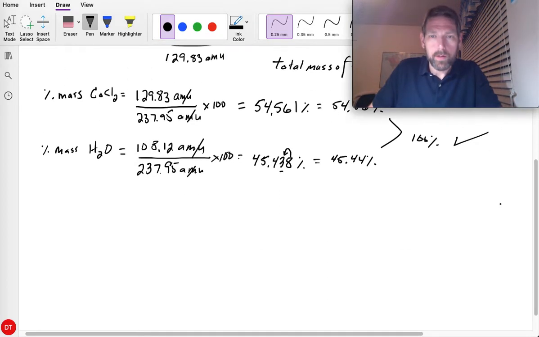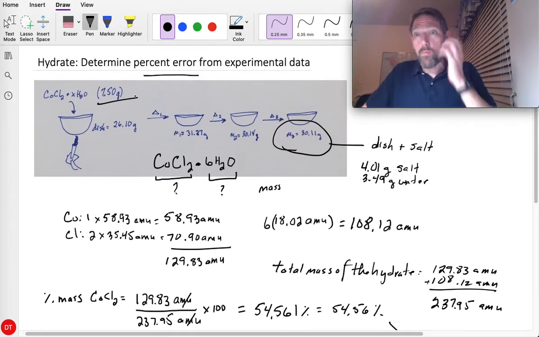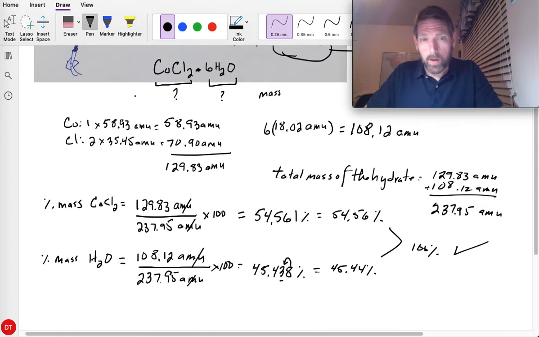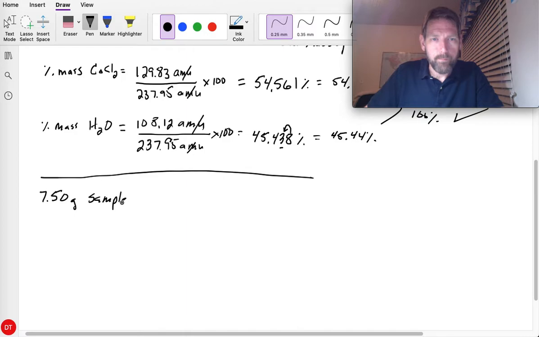So let's think about this. We had up here 7.50 grams. Okay, so we have a 7.50 gram sample of cobalt 2 hexahydrate.